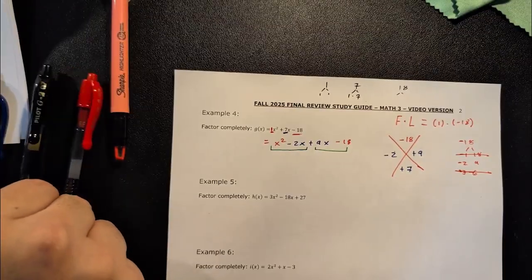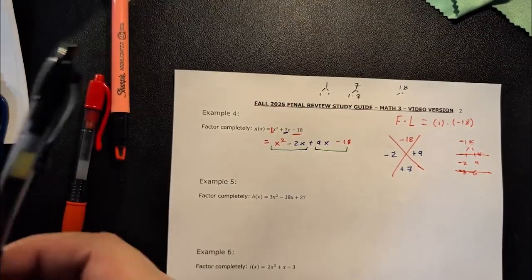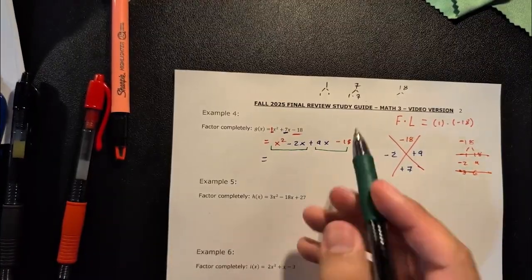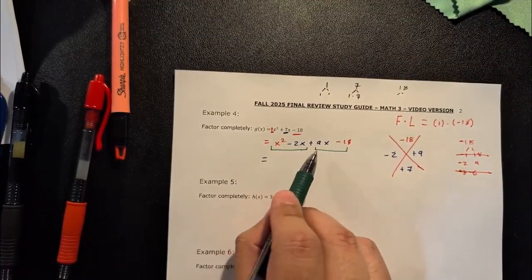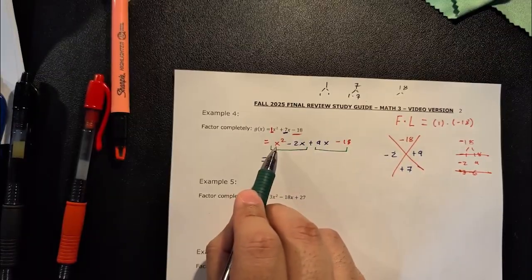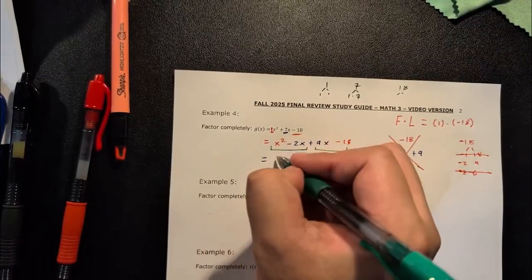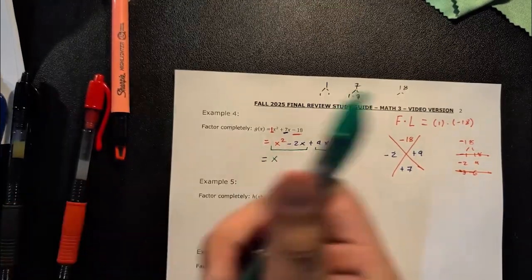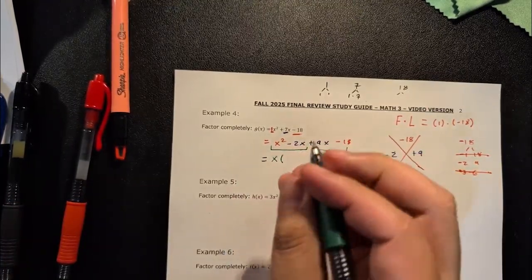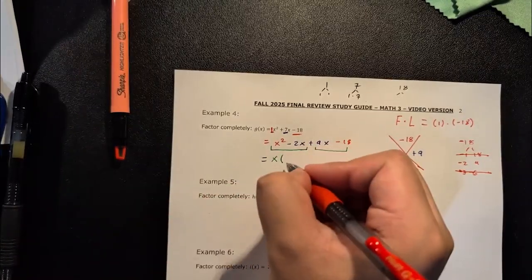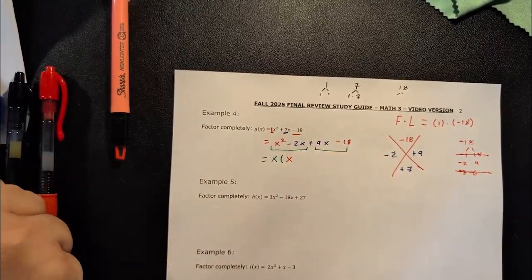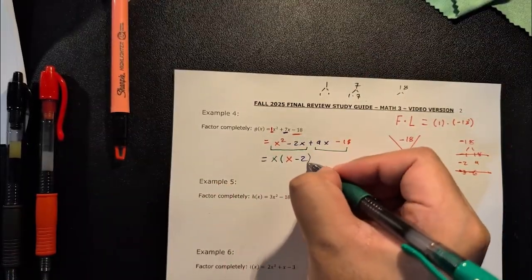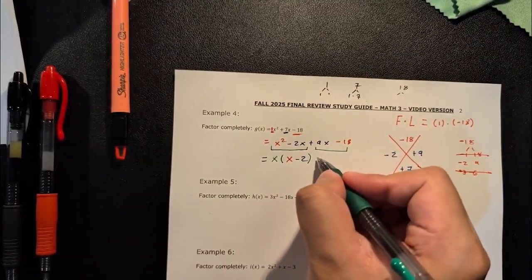Our next step is to look at the GCF of each term. What can I factor out? Here, this one has an x squared, this one has an x. Oh, I can take out 1x. Can I take out any numbers? No. So I'm going to be left with x minus 2. Now we're going to look at the next one.